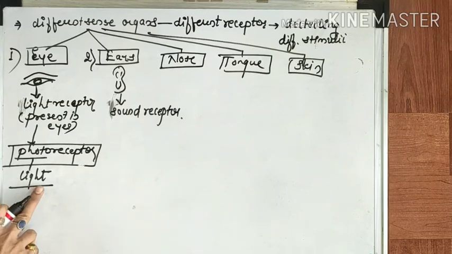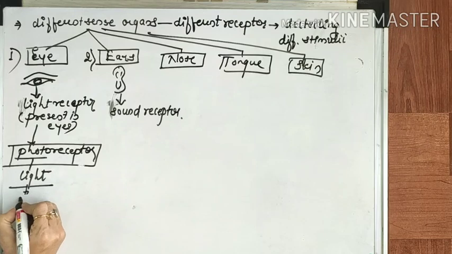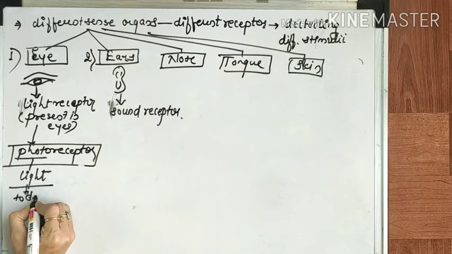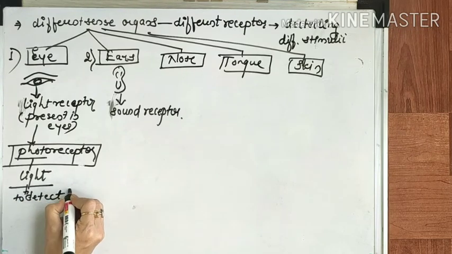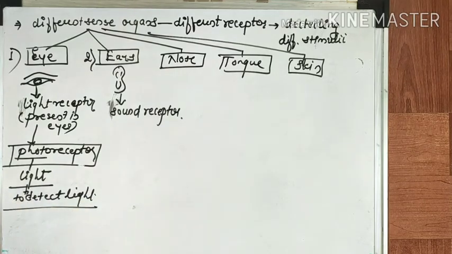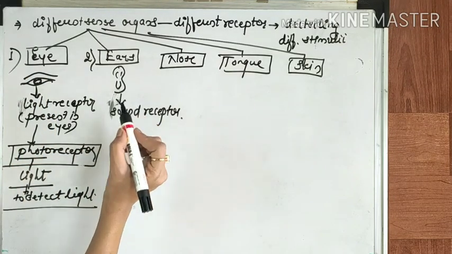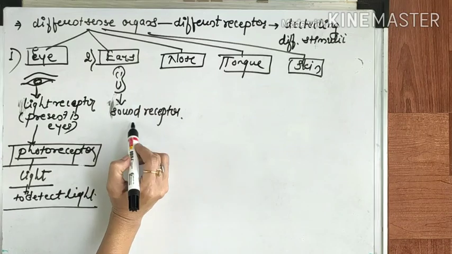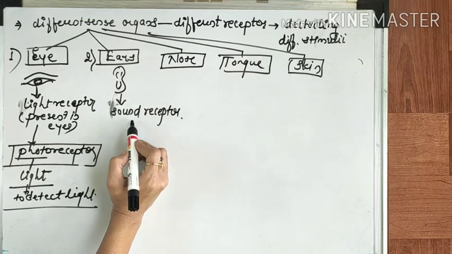And what is the use of the photoreceptor? To detect light, whether it is bright or dim. According to that, changes occur in the eyes. Now, ears. In the ears one receptor is present, that is called the sound receptor.